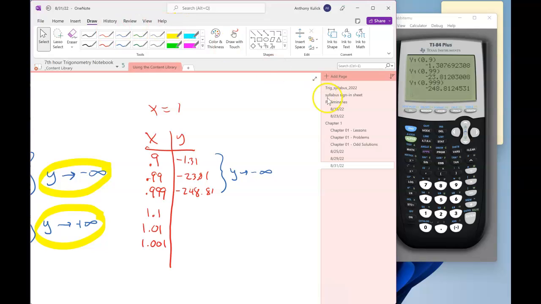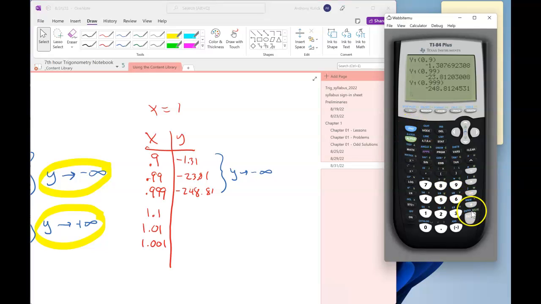Let's check the other end. Do you guys like using this y1 notation here? Like it sure beats the heck out of trying to type all that stuff in and changing the numbers each time, right? It's a pretty nifty little trick.